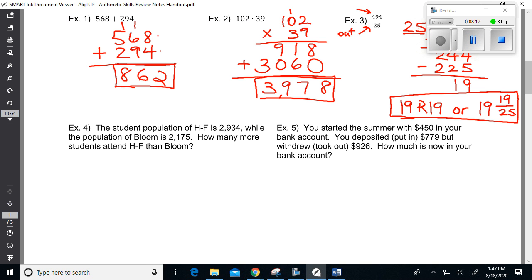So, problem 4. The student population of HF is 2,934, while the population of Bloom is 2,175. How many more students attend HF than Bloom? So, let me ask you, is this adding, subtracting, multiplying, or dividing? If you were solving it out, which one would it be? A subtraction problem. Looking for how many more students, so this is subtraction. 2,934 minus 2,175.